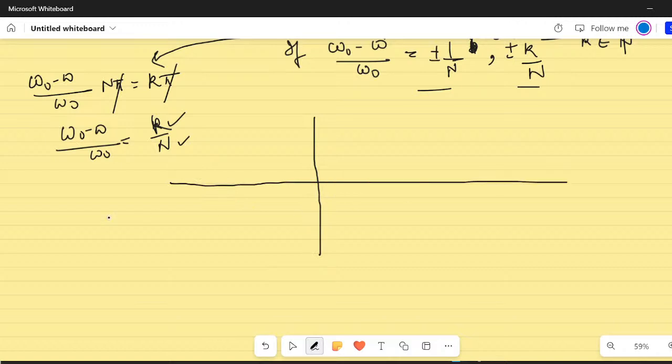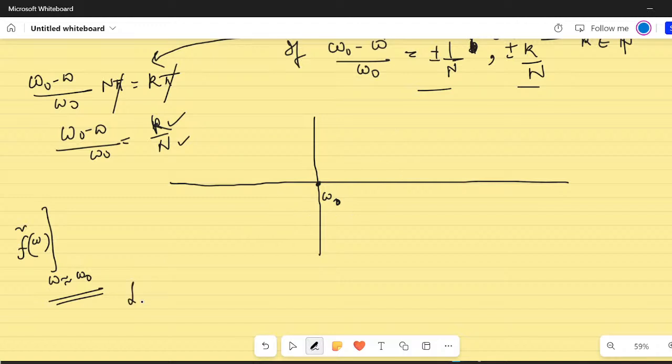This graph is of the function f tilde of omega, that is, the Fourier transform of f in the limit omega close to omega naught. Now see what will be the value as it tends to omega naught. Exactly at omega naught your function will not be defined, so you need to take the limit.